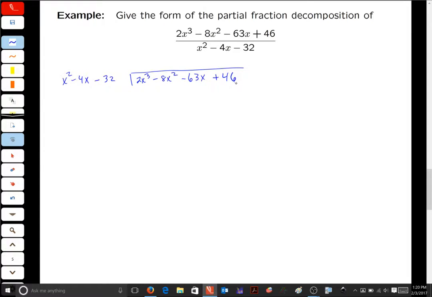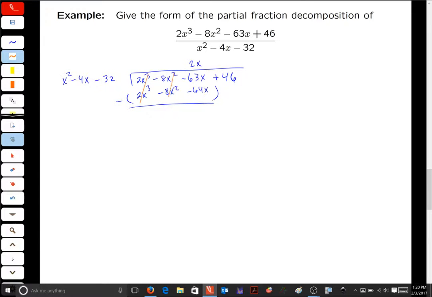How many times does x squared go into 2x cubed? How about a 2x times? So multiply, I get my 2x cubed minus 8x squared and minus 64x. And then we subtract.